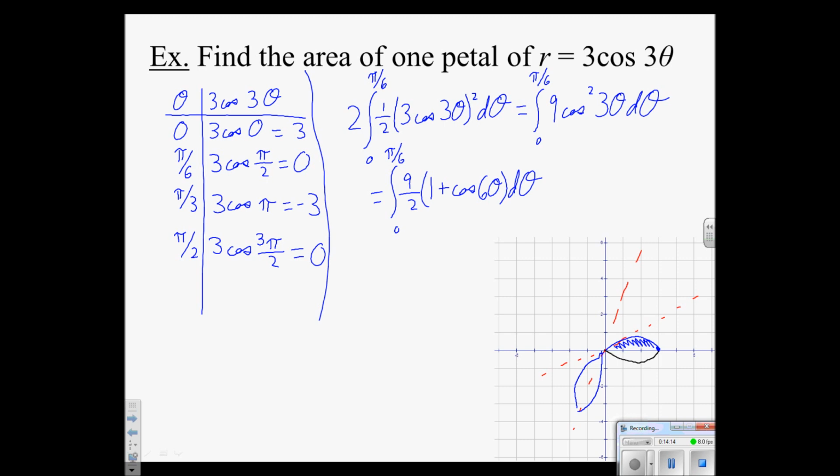From here we can integrate. So the 9/2 is multiplied by theta plus 1/6 sine of 6 theta, from 0 to pi over 6.